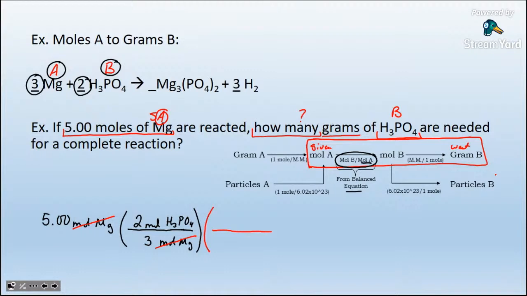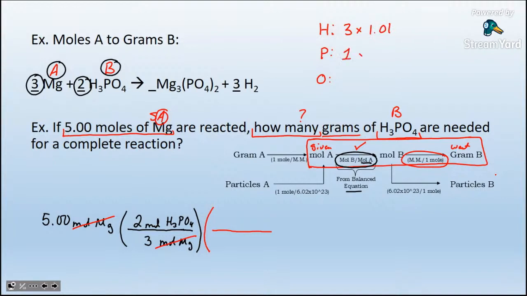So my second step now, since I've done my moles of A to moles of B, will be my moles of B to grams of B. And this is where I am now going to need a molar mass. So you can see on this roadmap, molar mass per 1 mole. So when you calculate the molar mass of H3PO4, just as a quick refresher, if you have done this before but just don't quite recall and don't want to go back and look at those videos, then we list out our elements. I have 3 hydrogens, each with a mass of 1.01 from the periodic table.